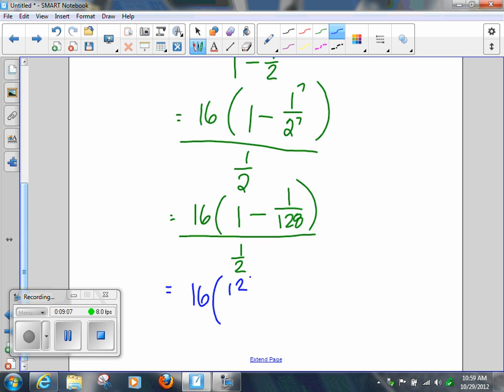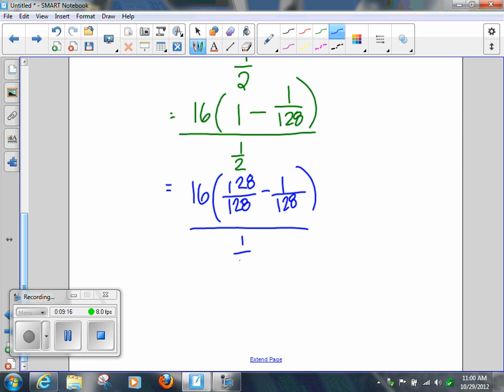You don't have to show the step. But folks, wouldn't I have, what? What's 128 minus 1? 127 over 128 divided by 1/2. You guys agree with that?